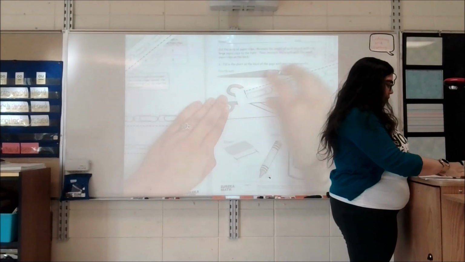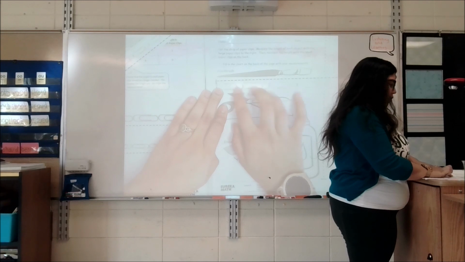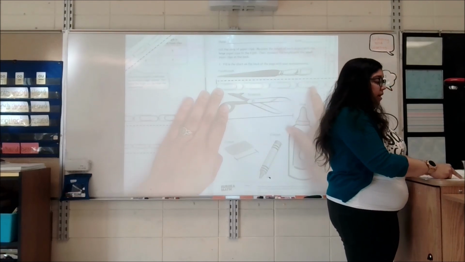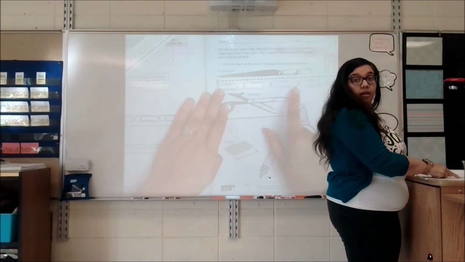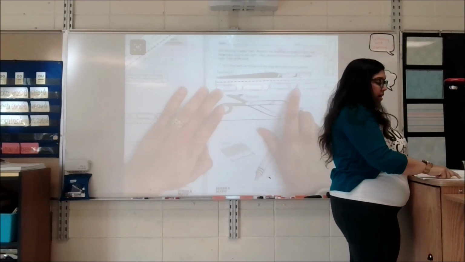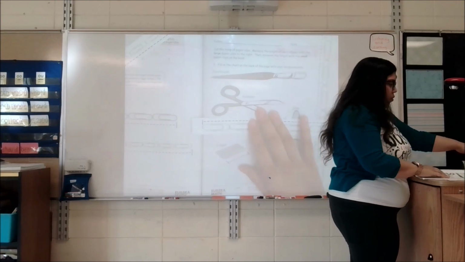Let's measure the paintbrush. So the paintbrush from end to end is 1, 2, 3, and a piece. Now, if I stop at 3, I'm going to cut my paper clip short, right? Yes, and that's worse. So what we would say is that it is about 4, or almost 4.